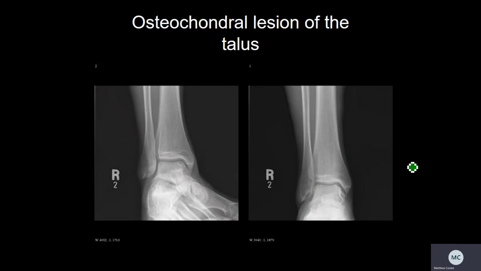These are what OCD lesions look like in the talus. As we can see here, and I'll point it out for you, there's a very small divot where the cartilage has been worn away. It's right there in that picture, and it's right there in that picture. So watch out for this, right?